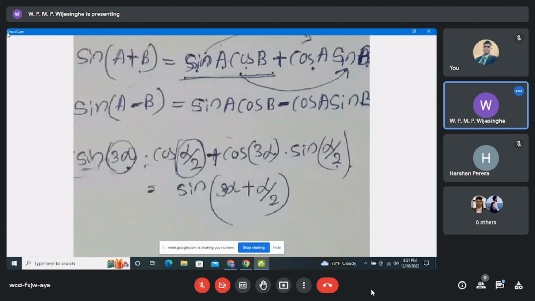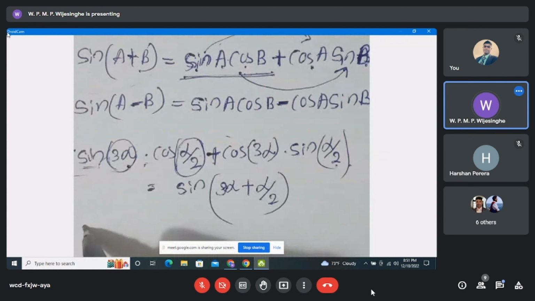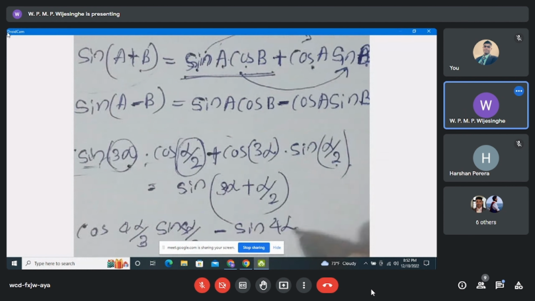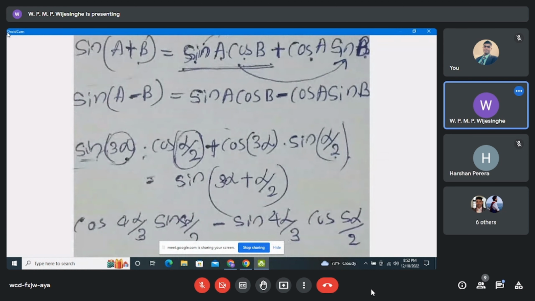Okay, likewise, do this. Right? How to write this?